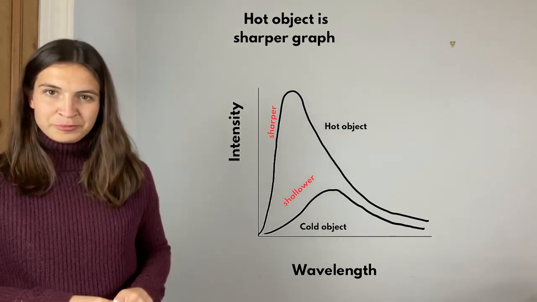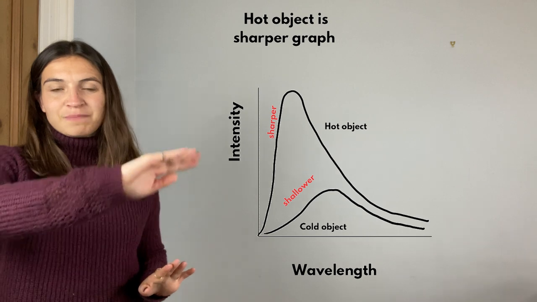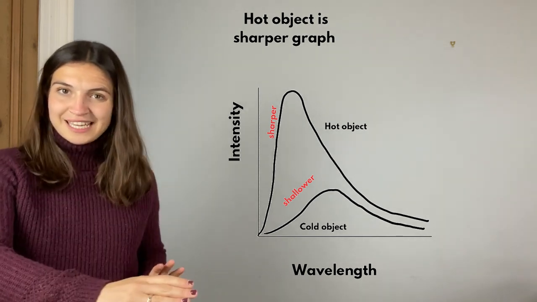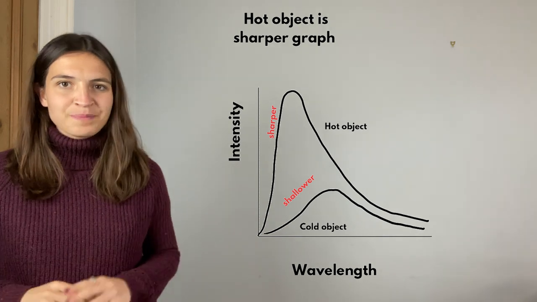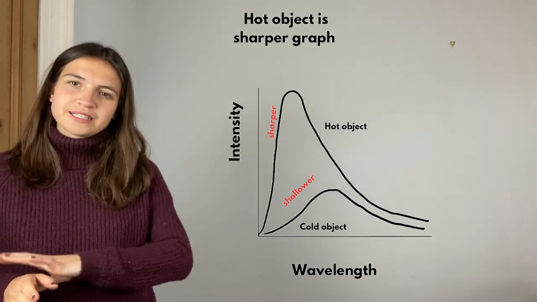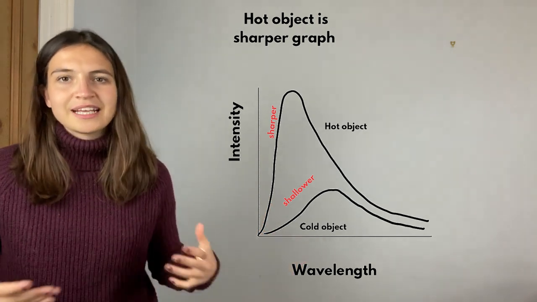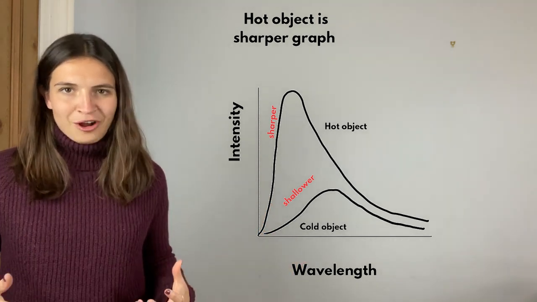The hot object has a much steeper incline towards that highest intensity and steeper decline. It is sharper. And the cold object is a much more gentle slope up and gentle slope down. It is a broader, less sharp pattern. Okay, so all objects emit radiation. And the type of radiation that they emit depends very much on the temperature of the object.